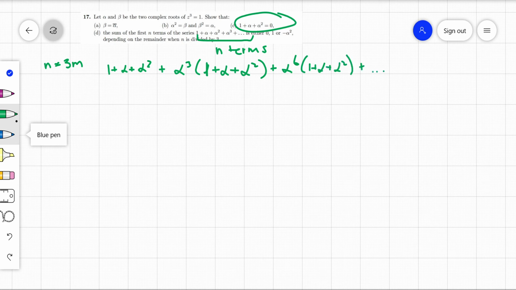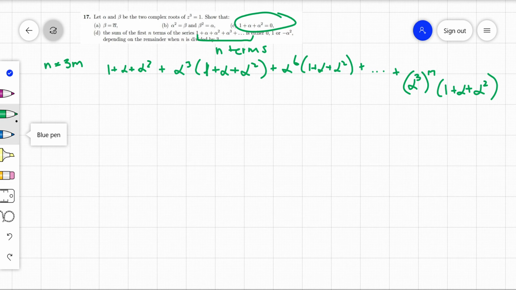So if we kept going, we get alpha cubed to the power of, let's say m there, and we get 1 plus alpha squared. So each time we're just doing blocks of 3 because this n is divisible by 3.